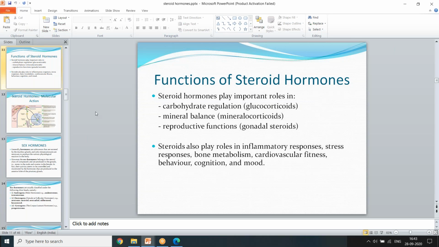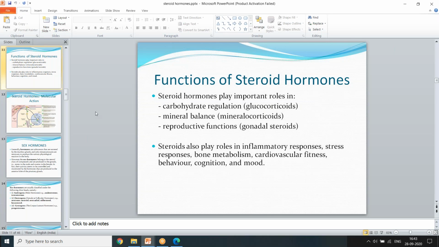There are two small glands placed on top of our kidneys called adrenal glands, and all this synthesis of the different hormones happens here in the adrenal cortex. Although the gland looks very small, it has a very important role to play.